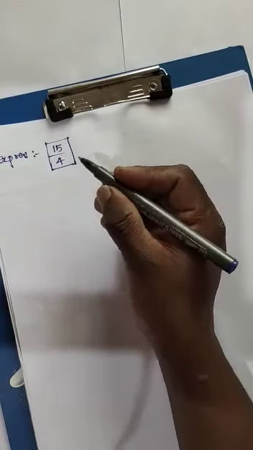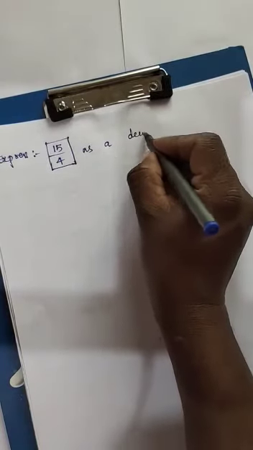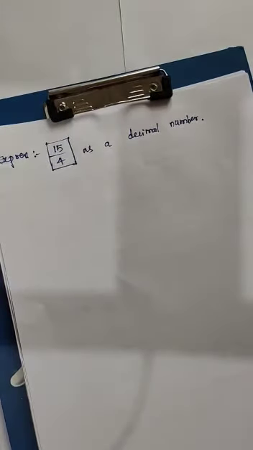Express 15 by 4 as a decimal number. Okay, so this is an alternate method.